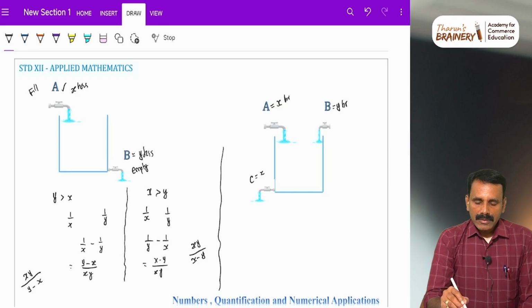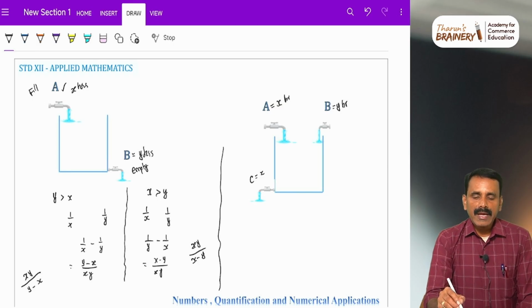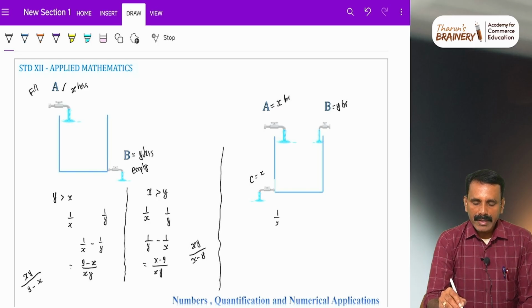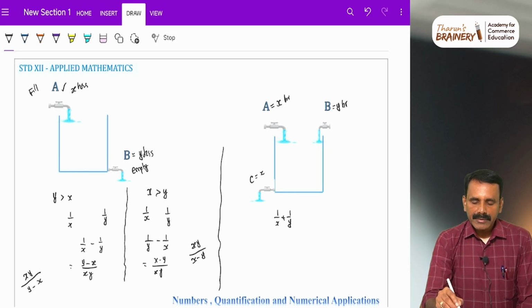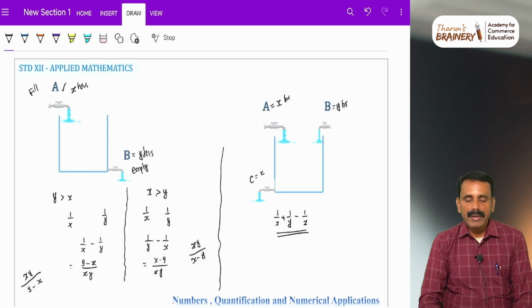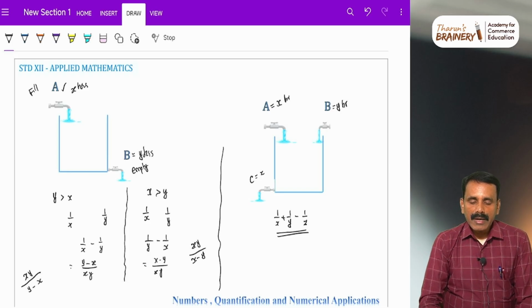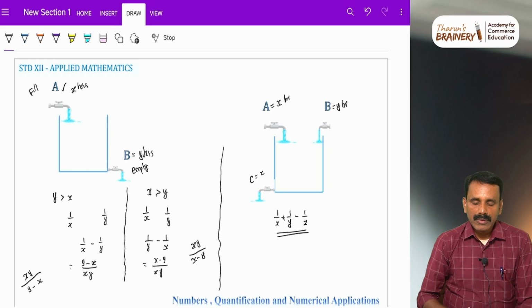So, the part of the tank filled by pipes A and B will be 1 by X plus 1 by Y, whereas pipe C eliminates 1 by Z of the tank in 1 hour. This is the expression to calculate the part of the tank filled when A, B and C are operated together.